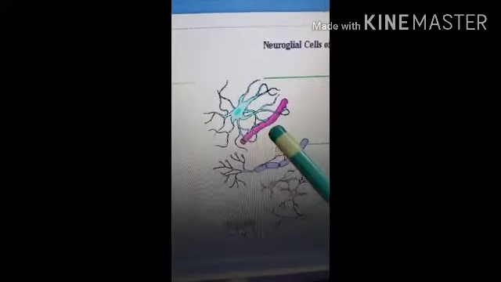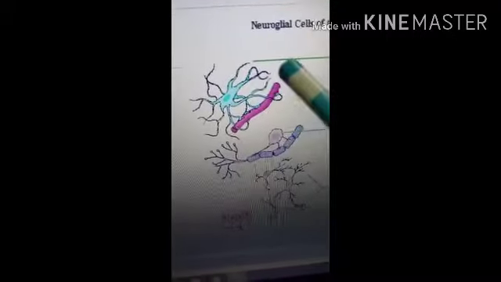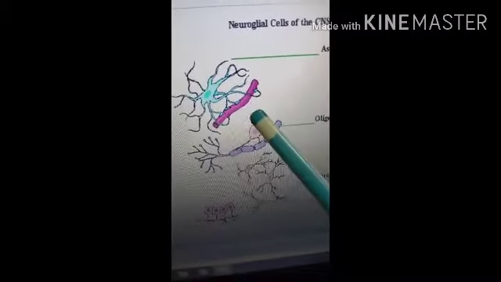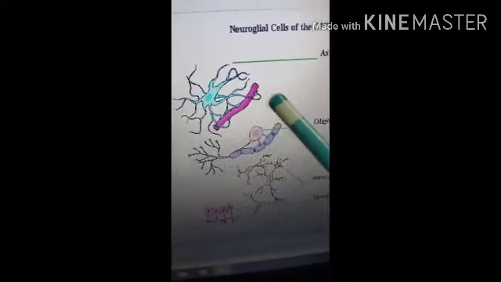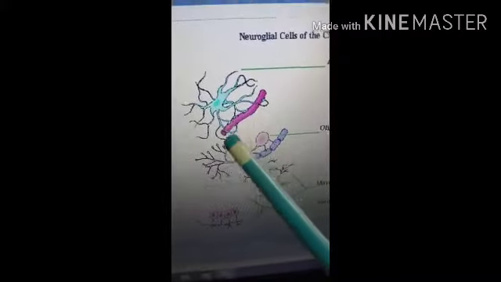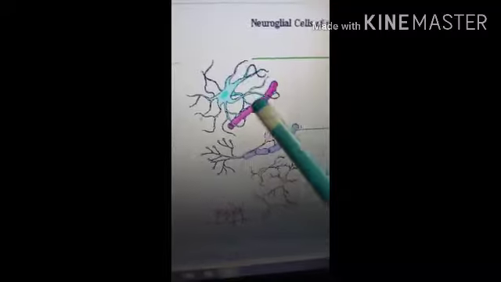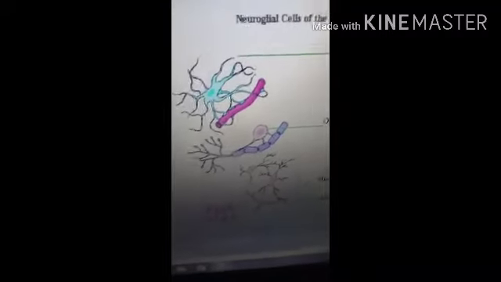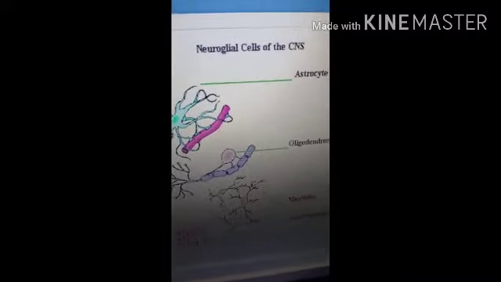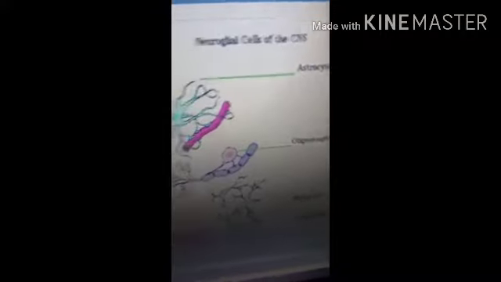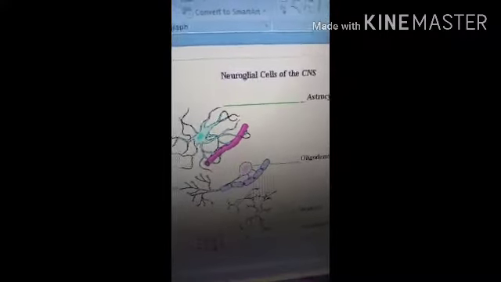So the toxins and many drugs that are not soluble in fat cannot enter into the CNS through the blood. So that is the important function done by the astrocyte, and that is called the blood-brain barrier.